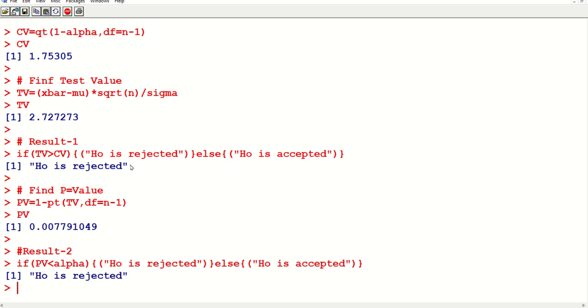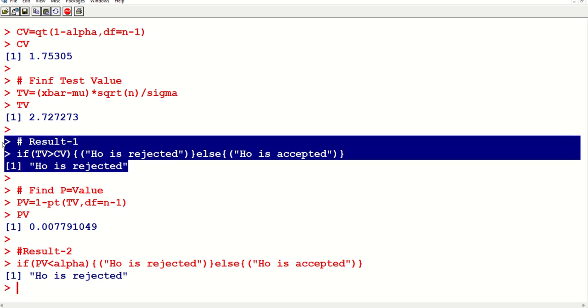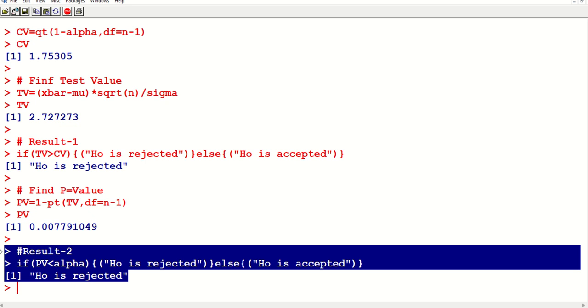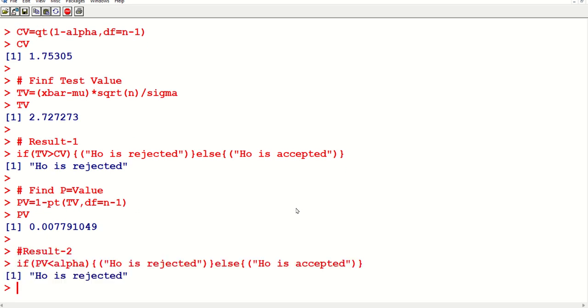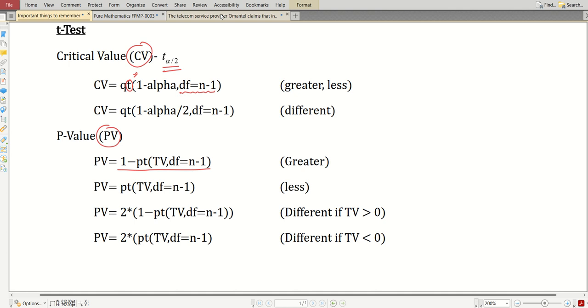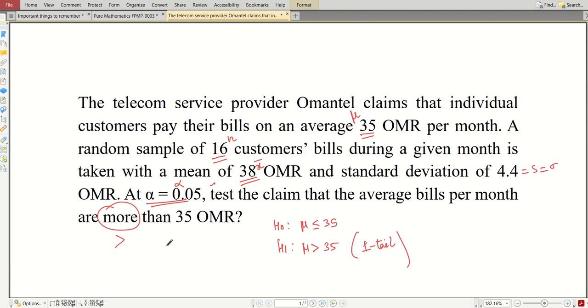So whether you take the critical value and test value, or the p value, it is rejected. This is how we can write the R program and check the testing of hypothesis for a greater problem. This problem was for more than. So in this case, the hypothesis is rejected. That means the bills are more. That means the alternate hypothesis is accepted.